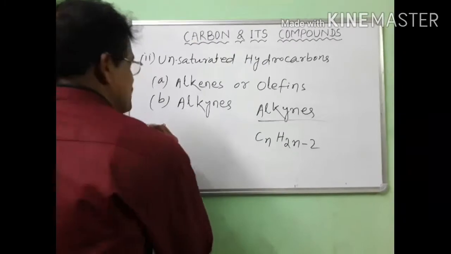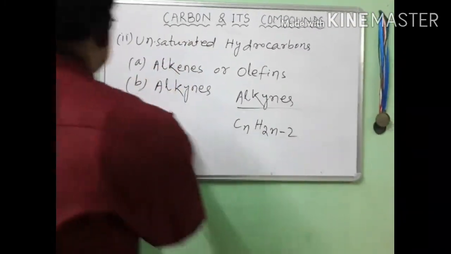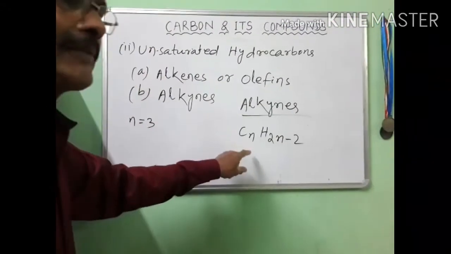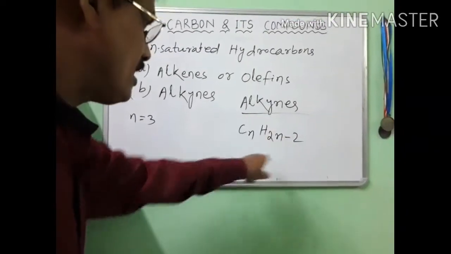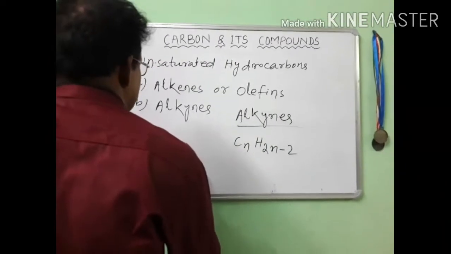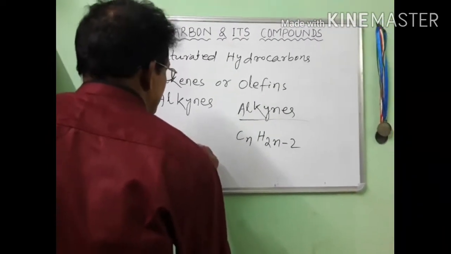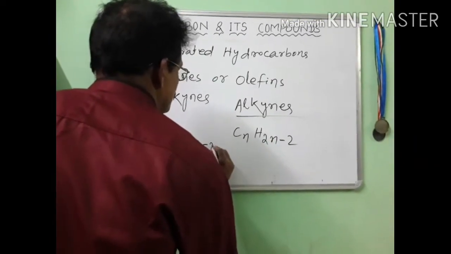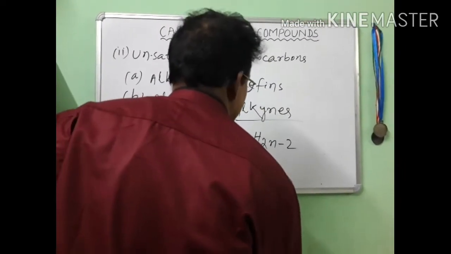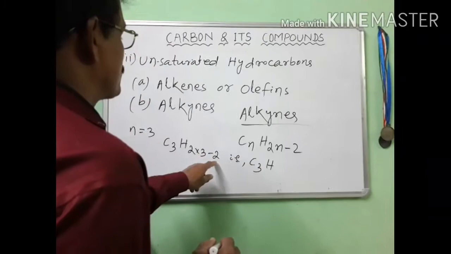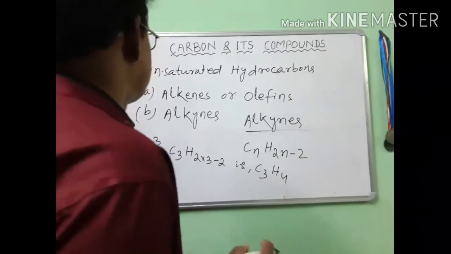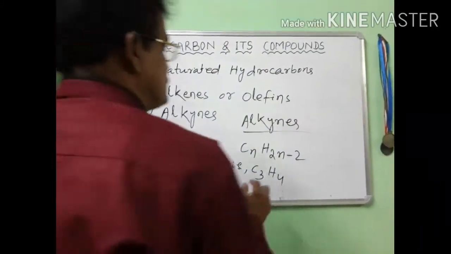Next, if n is equal to 3, meaning the number of carbon atoms present in the compound is 3, then the formula is C3H(2 into 3 minus 2), that is 6 minus 2, so C3H4.